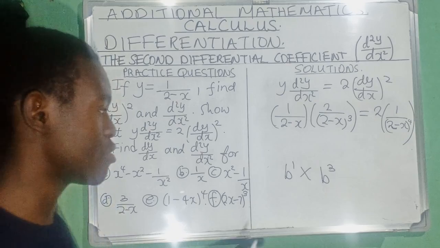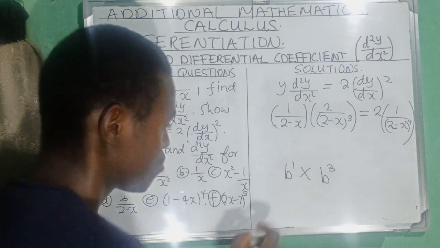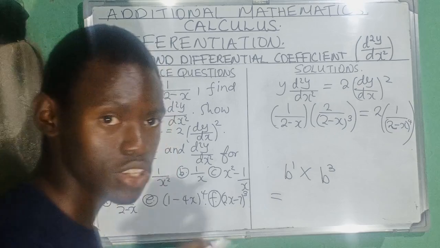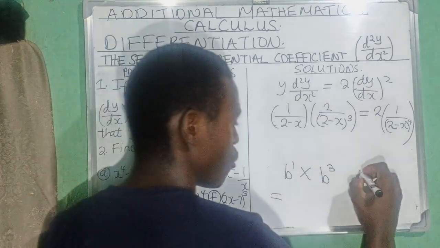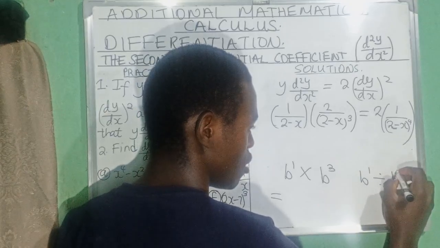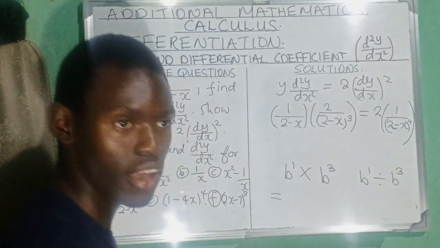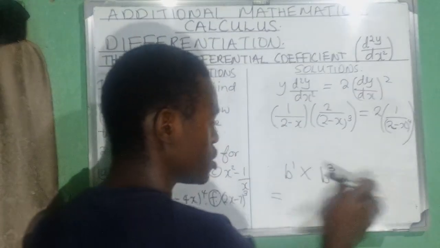You're multiplying something which has the same base, like that. What you do is you need to add the powers. When you're multiplying, you add, okay? When you're dividing, you subtract. But in this case, we are multiplying.